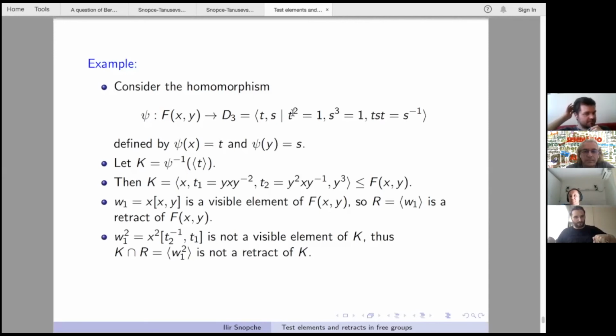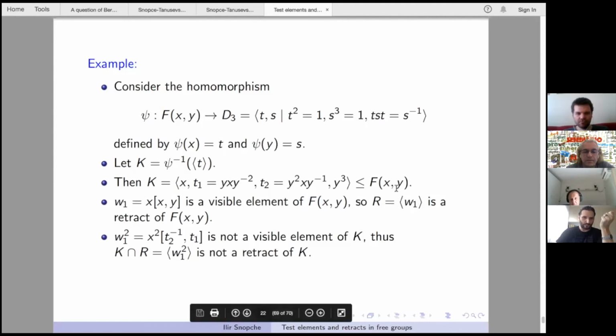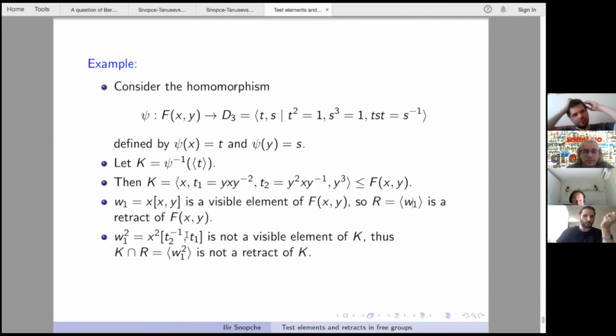So basically, we take this subgroup K. Then this W1 is a visible element of F(x,y). So it is a retract. The cyclic group generated by this W1 is a retract. But the intersection of this R with K is W1 squared. But W1 squared is not visible in K. So therefore it's not a retract of K.